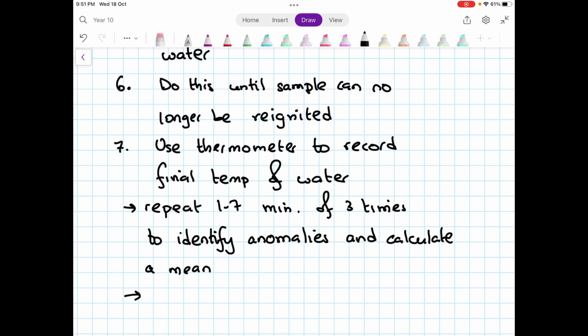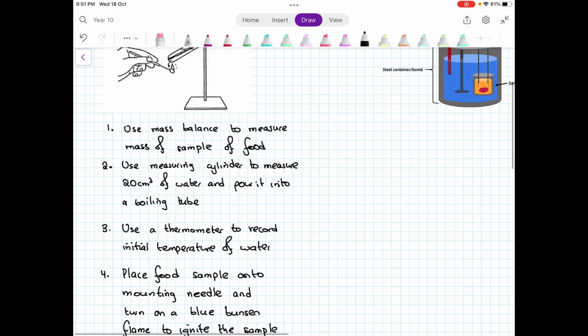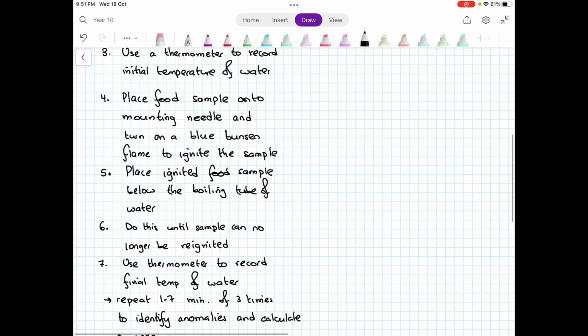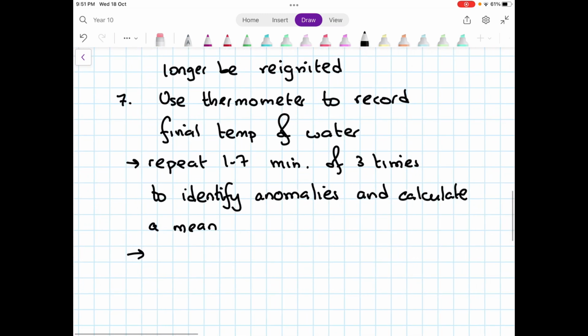And then also repeat steps 1 to 7 for different samples of food. So in our class practical, we used different types of biscuits and compared their energy content.